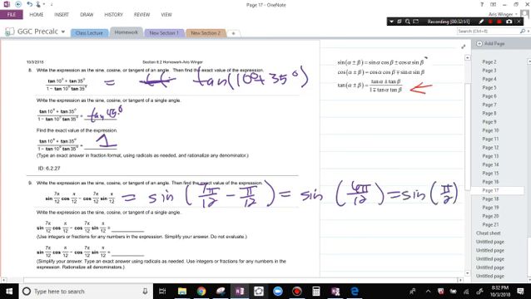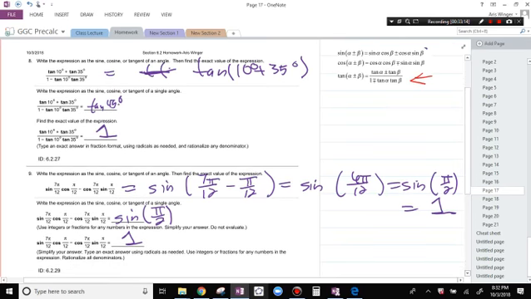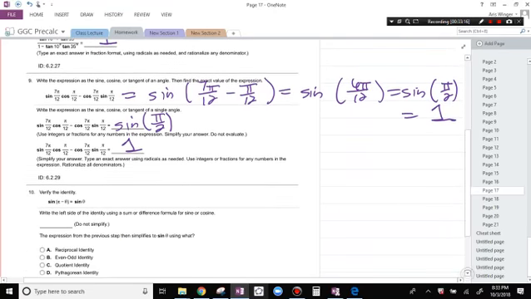And looking at the circle, the sine of pi over 2 is 1. So again, what we're doing is making sure that you can see that there are all sorts of ways of manipulating trig functions, right? And in your work, you shouldn't be surprised that when you work with trig functions, you might not get the exact answer, but it might just be what we expect it to be.